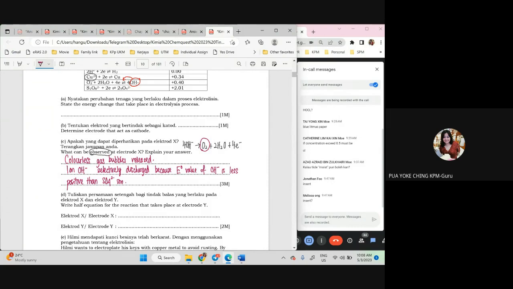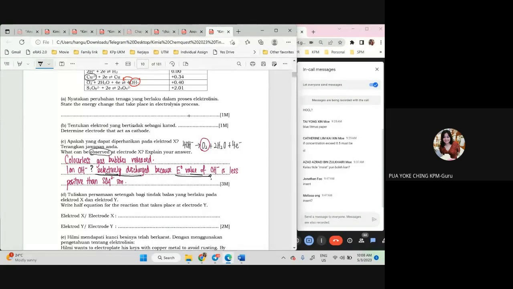Okay? Boleh? Bila suruh kamu explain, first one, mesti beritahu saya siapa terpilih. Kedua, reason dia kenapa dia terpilih.